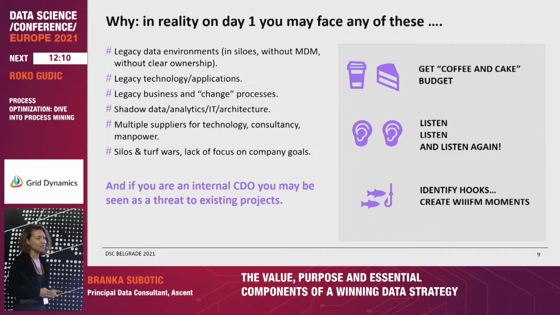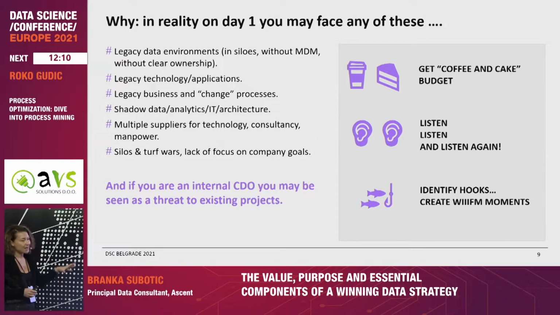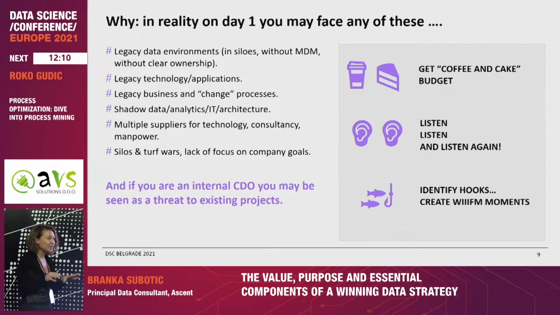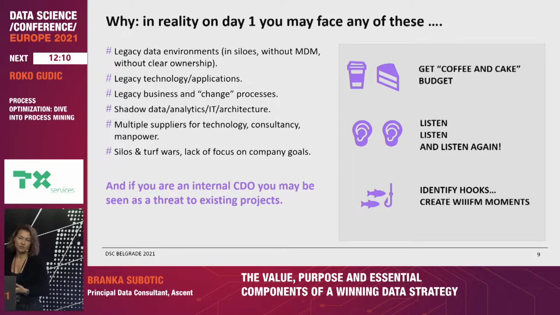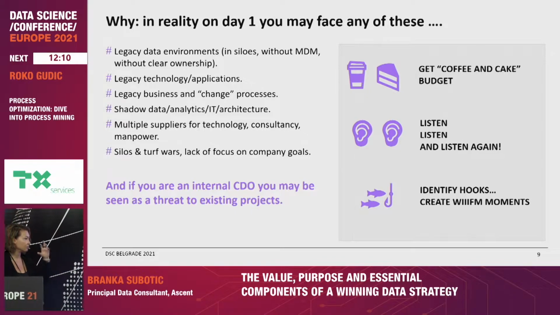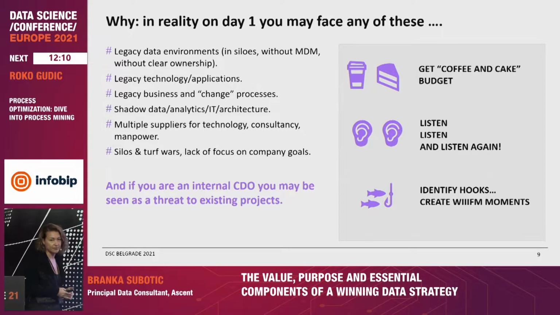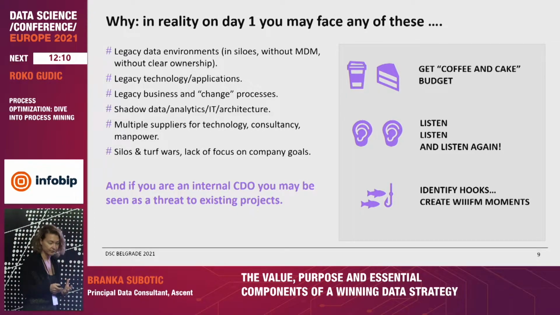And through listening, you need to start identifying hooks. Sometimes in the company, they can see you as a threat. You need to eliminate this fear on day two almost, because you need to show that you are somebody who's going to help them achieve their vision, their goal, whatever their target is. And you're going to do it through data. And you're going to do it through sorting out the data, creating some discipline and structure.